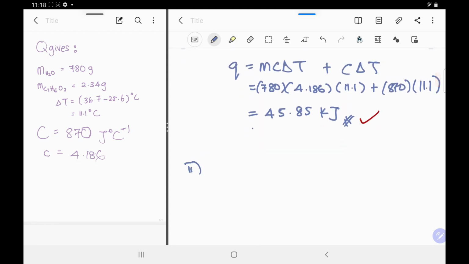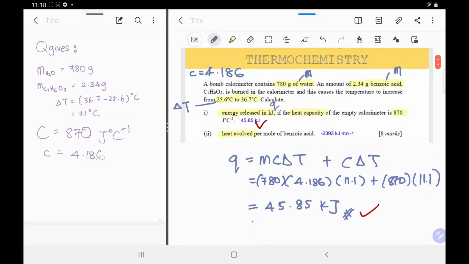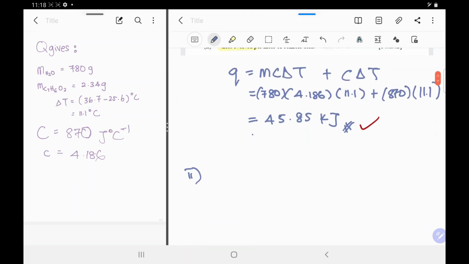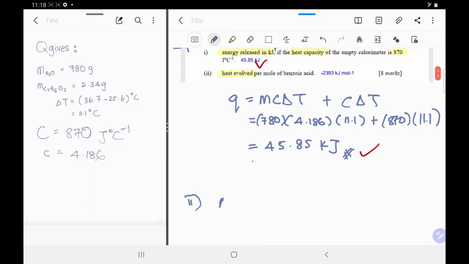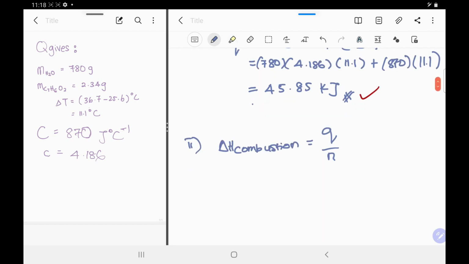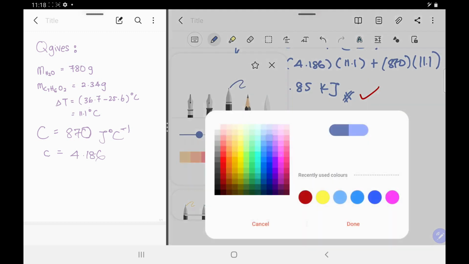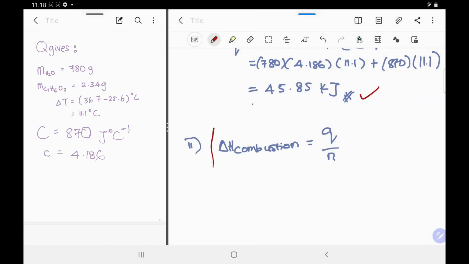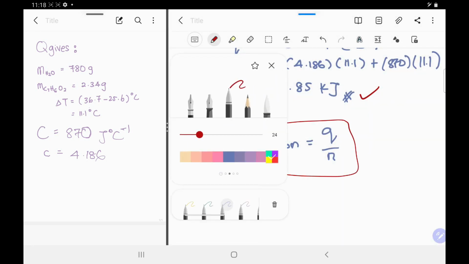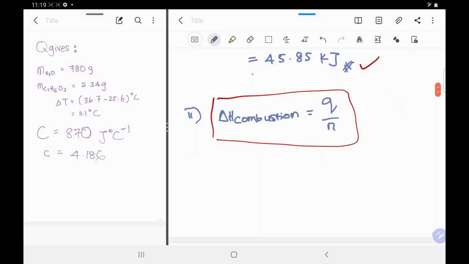This is the formula to find the heat of combustion or heat evolved. I'm gonna put this heat of combustion. This is the formula that we're gonna use to answer these questions. Right, here we need to find the heat of combustion.